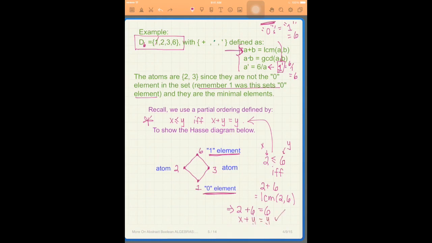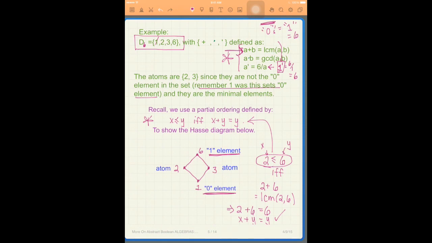So it does check. So I can say this is true. 2 is less than or equal to 6. So I can't, right away, it depends on what your algebra is. Not always is 2 going to be less than or equal to 6. We're just used to that when we're talking about our number line, our real numbers in that algebra system. But we have to always look at our structure and what it tells us to do in order to determine if one element is less than the other element.